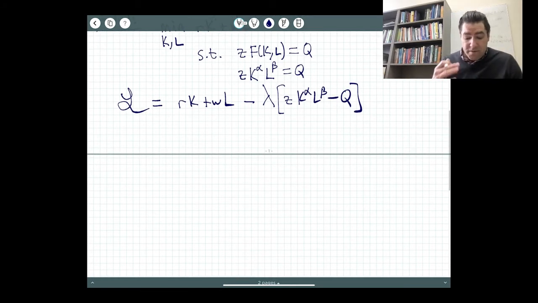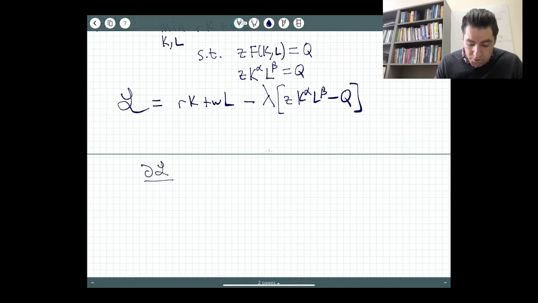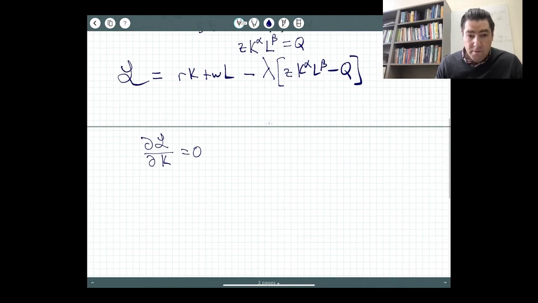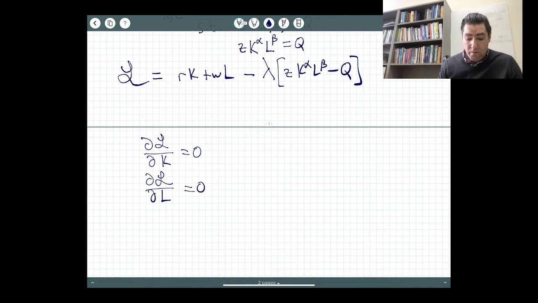So the steps to solving this: I have two choice variables. Well, really, there's three values I'm trying to find. I'm trying to find capital, labor, and associated with that, there will be a value for the Lagrange multiplier. So what we do is partially differentiate the Lagrangian with respect to K and set it equal to 0. Partially differentiate the Lagrangian with respect to labor and set it equal to 0.